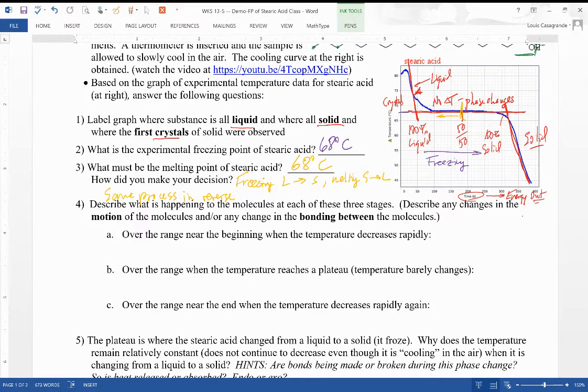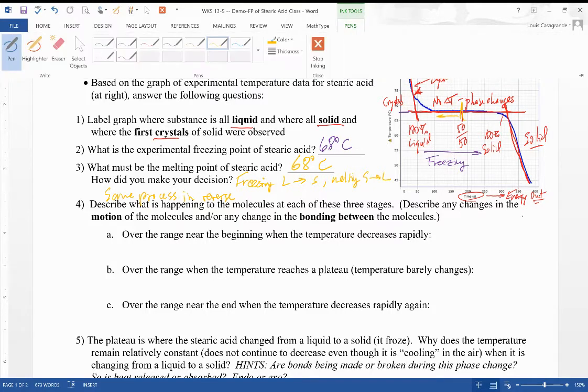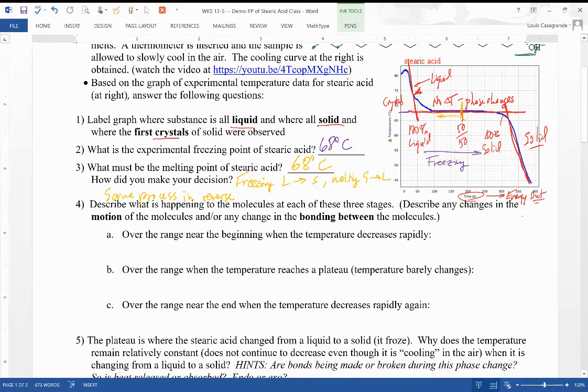Now, what's going on in this diagram? How are we going to explain the different curves that are going on? Over the temperature range near the beginning, when the temperature decreases rapidly, the temperature decreases because the kinetic energy is going down. Remember, temperature is a measure of the average kinetic energy.